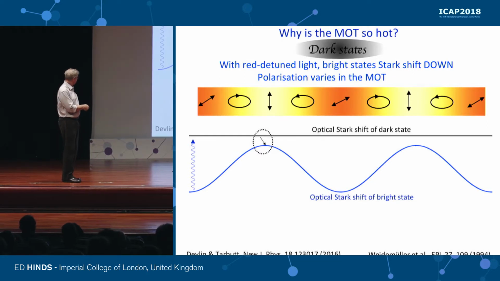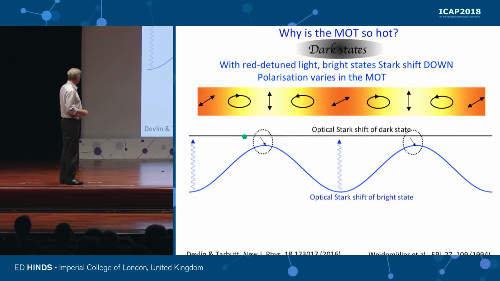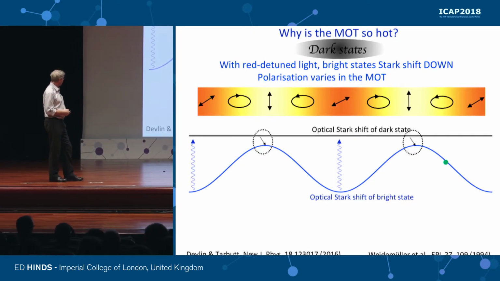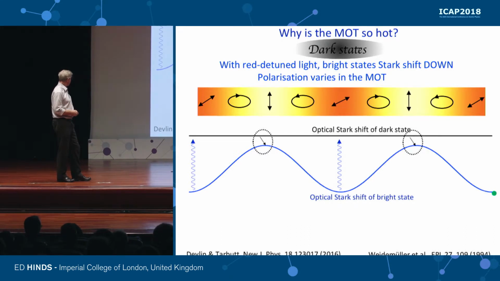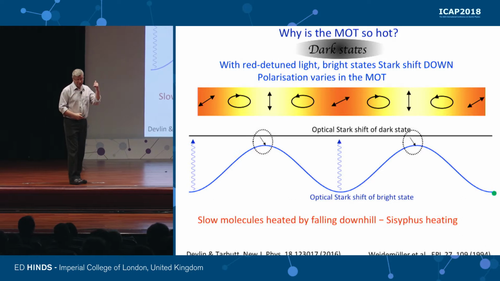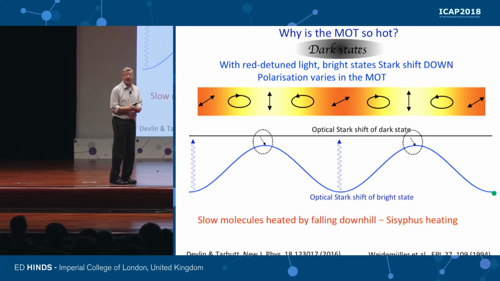Here it would optically pump again. Then it would come to a place where they're mixed, and it would roll down the hill again. So the effect of this is that the molecules, if they're traveling slowly, will be heated by falling downhill. This is very familiar. It's Sisyphus heating, except for the sign of the effect.